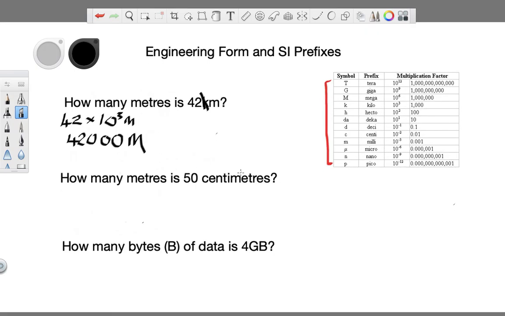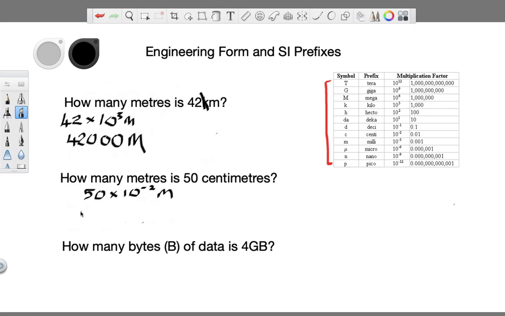Okay, the next question: how many metres is 50 centimetres? Again, we look at our table and we see that centi is 10 to the minus 2. So we go 50, and now we can get rid of the centi part, so it's 10 to the minus 2, and then we're just left with the metre at the end, like before.